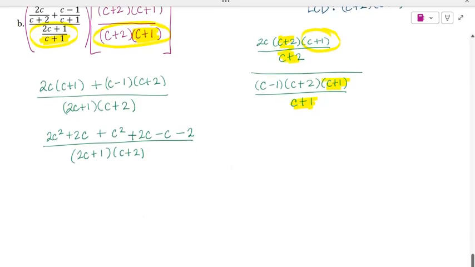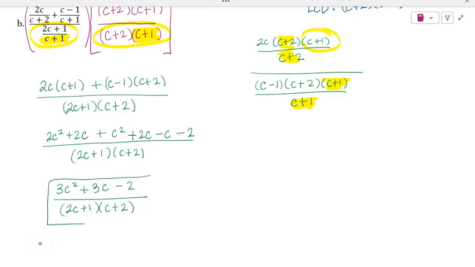Let me make sure I did this correctly. Let's combine like terms. We'll get 3c squared plus 3c minus 2. And it looks like that is our final answer.